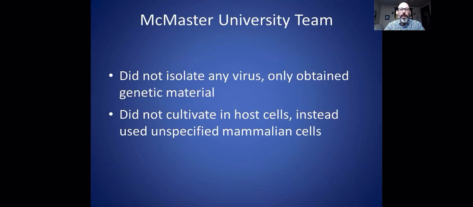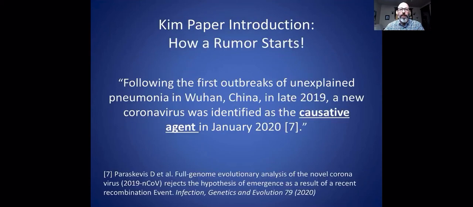And once again, they did not isolate a virus, and they also did not cultivate in host cells. They're using some other kind of mammalian cells, which is the same procedure every group is using.